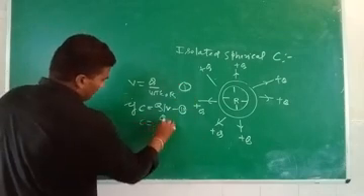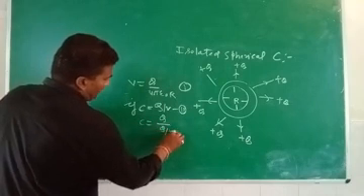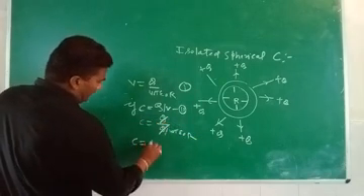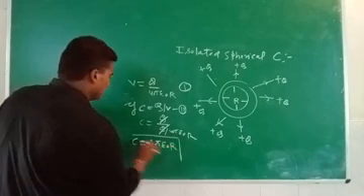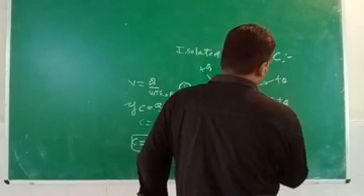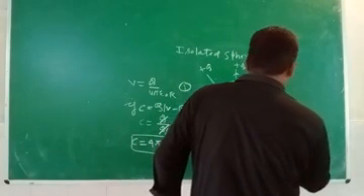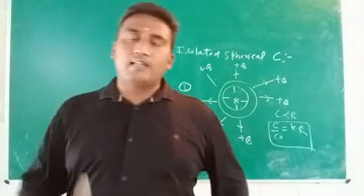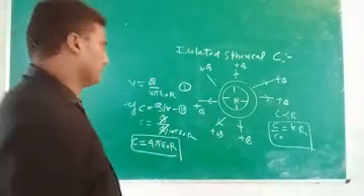Now the relation is stabilized: C is equal to Q upon Q by 4 pi epsilon naught R. Now Q is cancelled from Q, then our relation is stabilized: C equals 4 pi epsilon naught R. The value of the capacitor is directly proportional to the radius, and the new relation is formed: C upon C naught is equal to K, where K behaves as the dielectric constant, and it is also the insulating material, like wax, plastic, etc.